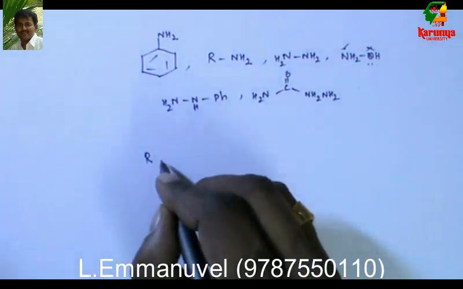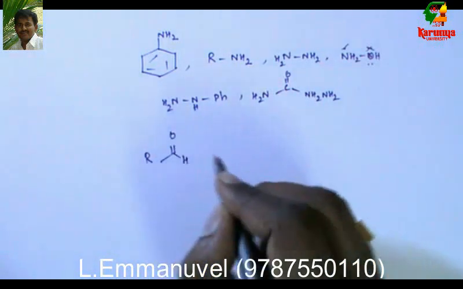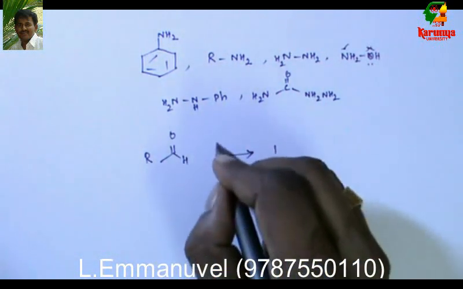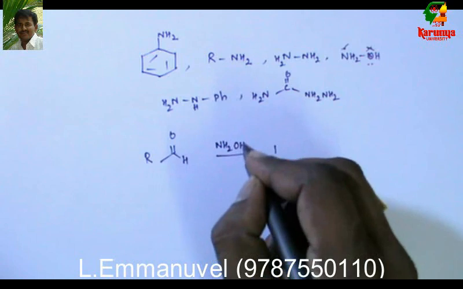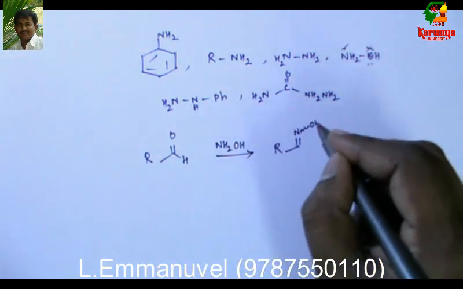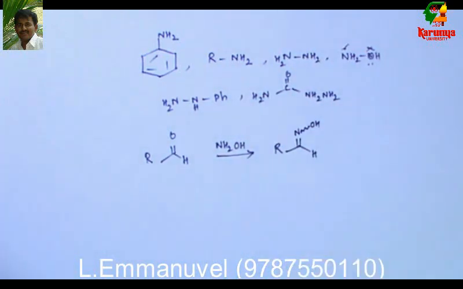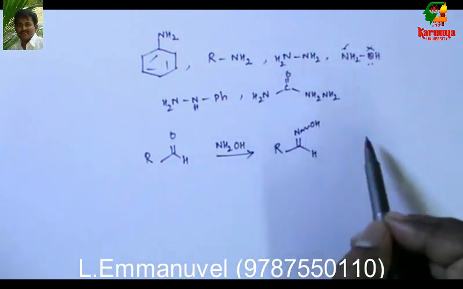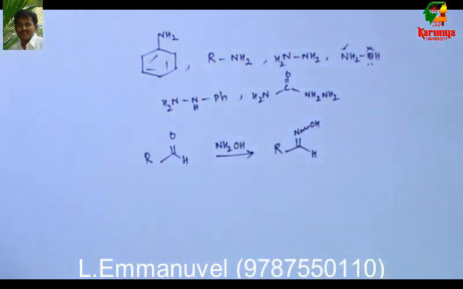So for example, if you take aldehyde and treat it with hydroxylamine, what we get is oxime. So this OH may be towards this side or this one. So they are E or Z isomers, so diastereomers basically.